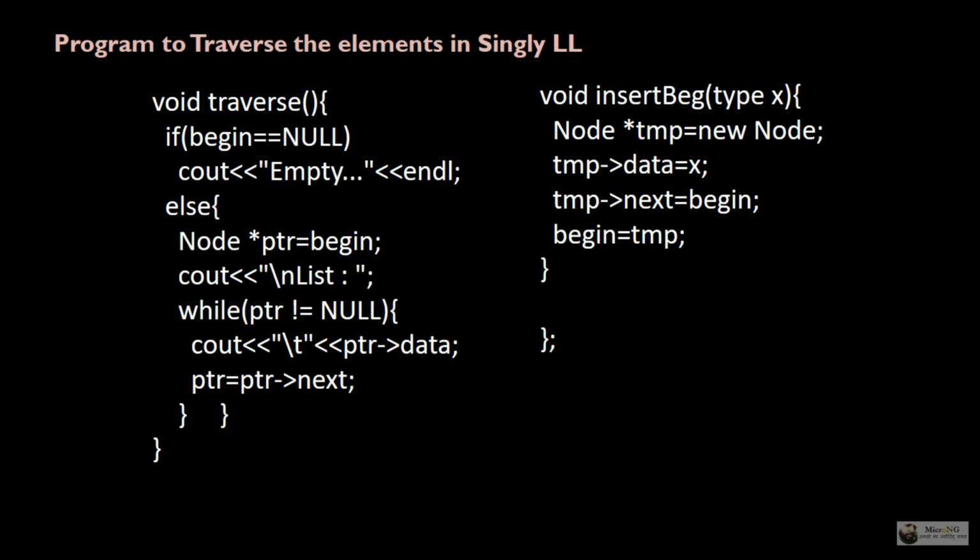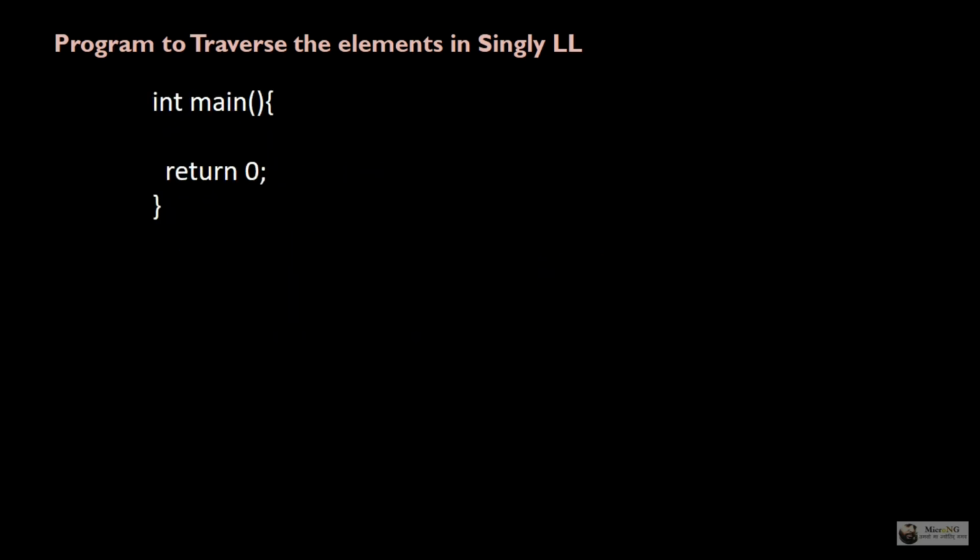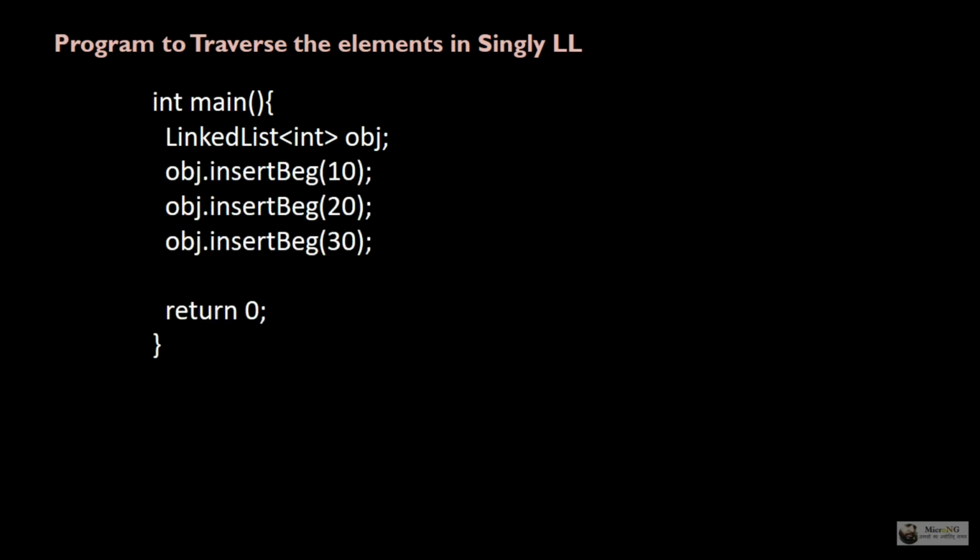Now the class definition is completed. In the main method, we need to create an object of LinkedList. obj is the object of LinkedList which can be used to store integer information in the different nodes. We have called the insertBegin method for inserting nodes with different data. So 10, 20 and 30 are the values we are inserting into the single linked list at different nodes.